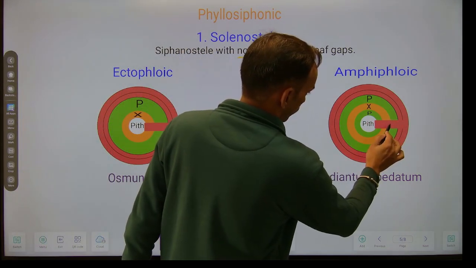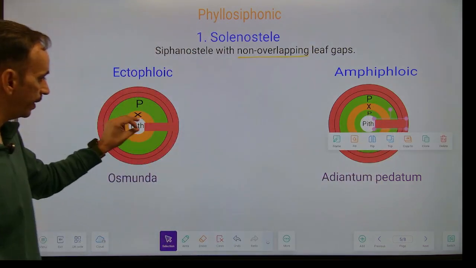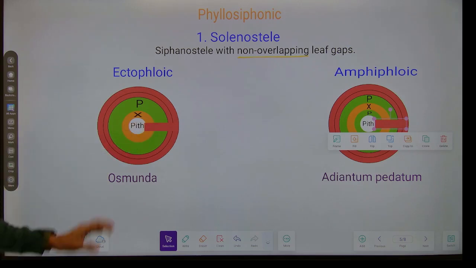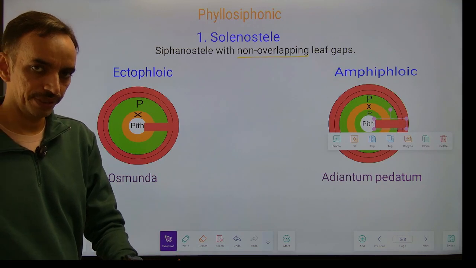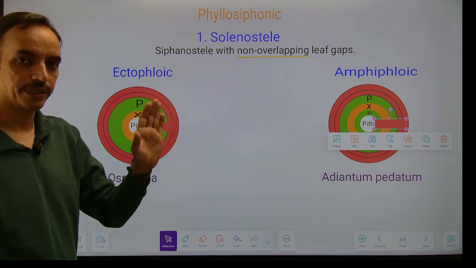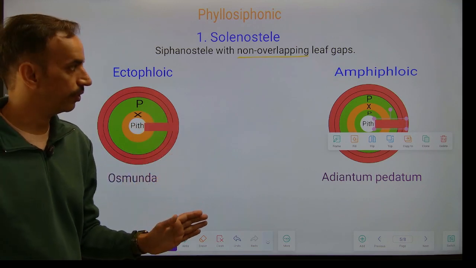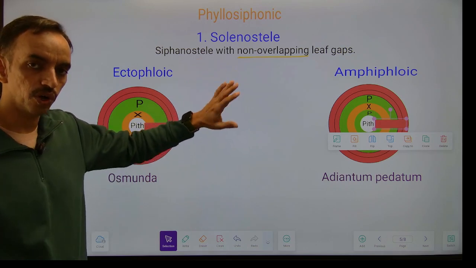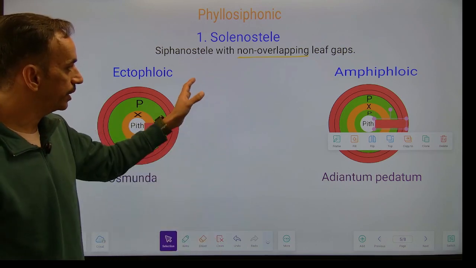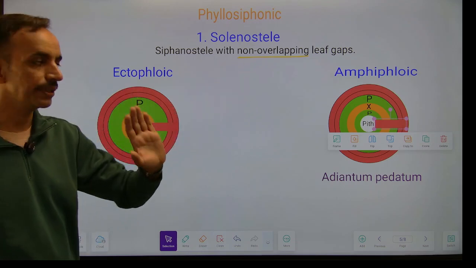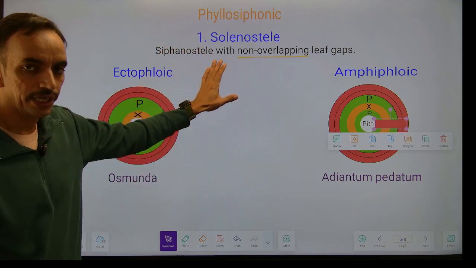So if you observe this type of condition where you are having the leaf gaps, in the cladosiphonic condition there should be a presence of pith, but if the leaf gaps are absent, it is known as cladosiphonic. If there is a presence of non-overlapping, आगे और वेरिएंट पड़ेंगे जिसमें overlapping leaf gaps आएंगे. If there is a presence of non-overlapping leaf gaps, it is called as solenostele.